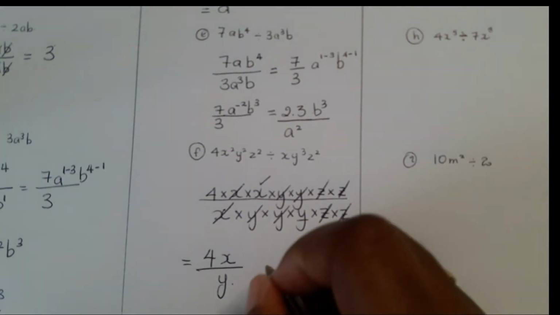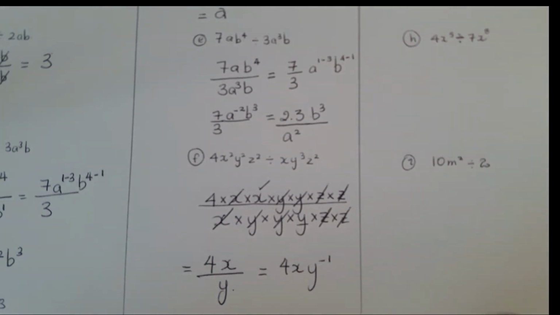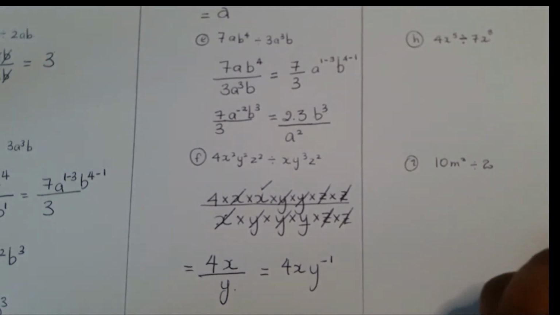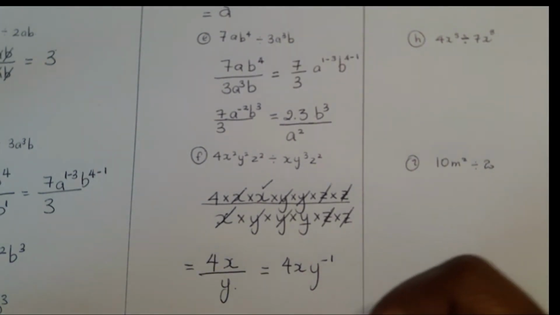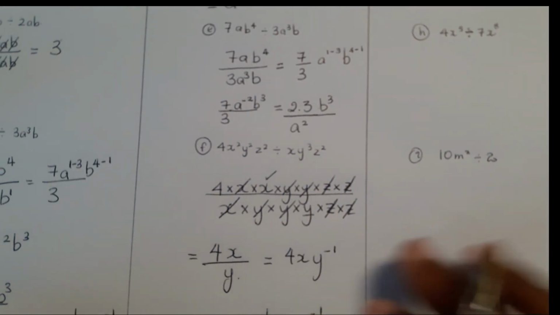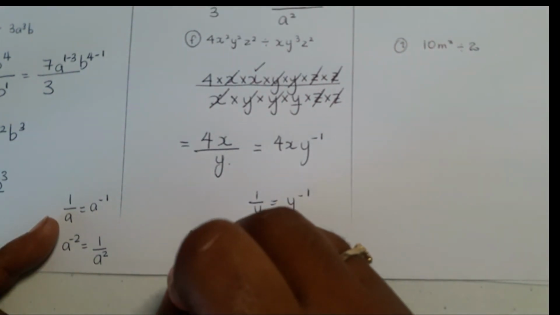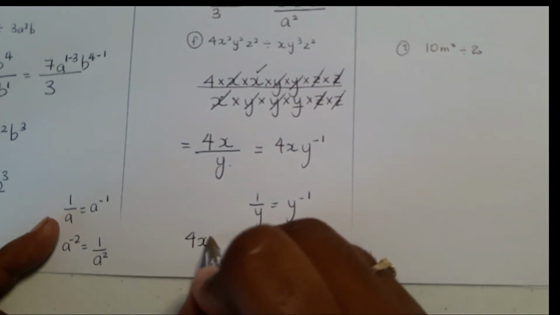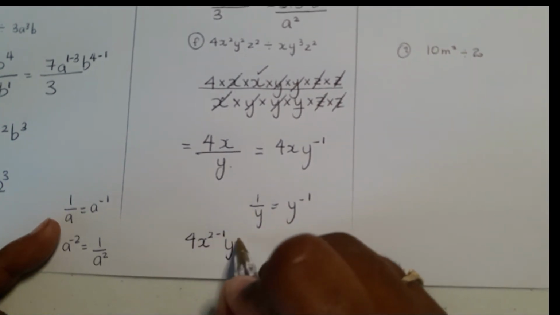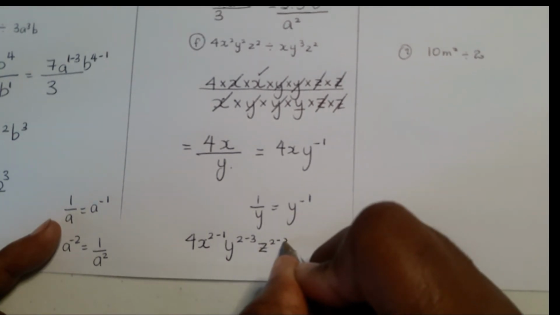So you see how this could get confusing after a while? But it should have been so simple, and you could rewrite this as 4xy to the minus 1, because remember 1 over y is actually y to the minus 1, right? So if you wanted to do it the other way, you could have said 4x to the 2 minus 1, and then y to the 2 minus 3, and z to the 2 minus 2.